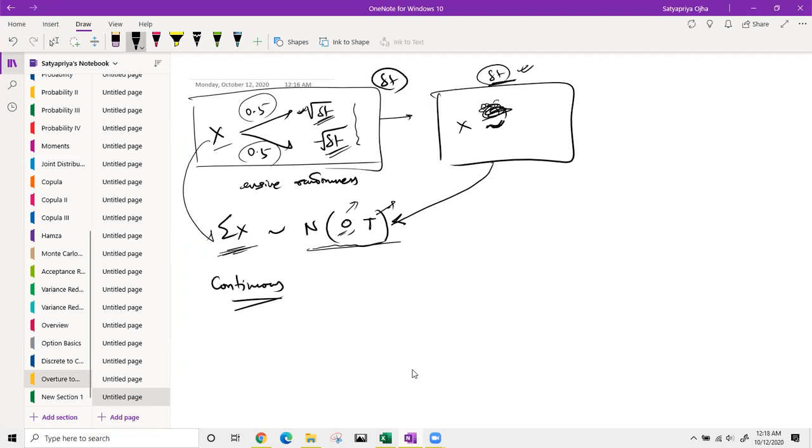I know I want this as the aggregate distribution, but in the small time step also, I need to use something continuous, not these 2 steps. What continuous distribution will I use in the small time?